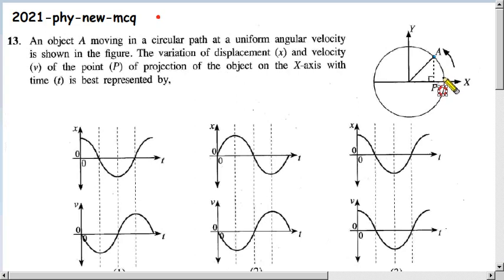Now at this end, the projection is at this end. So how did this projection move? You saw it. The projection moved from this side like this, passing the center to this end, and again passing the center to the right, and again to the left, like this.